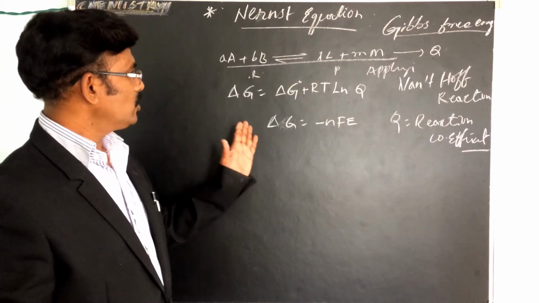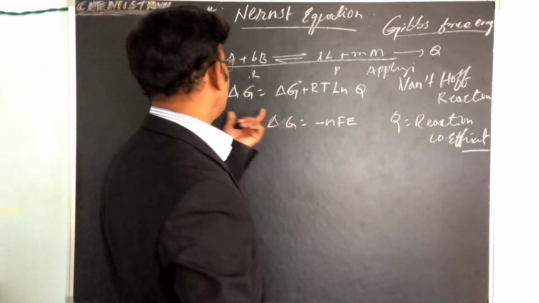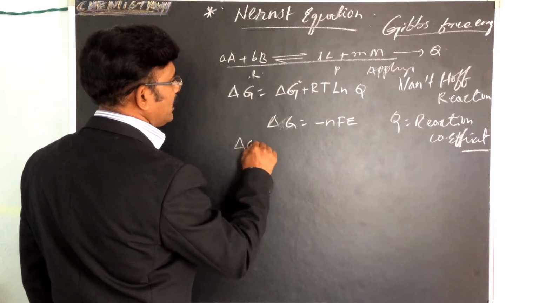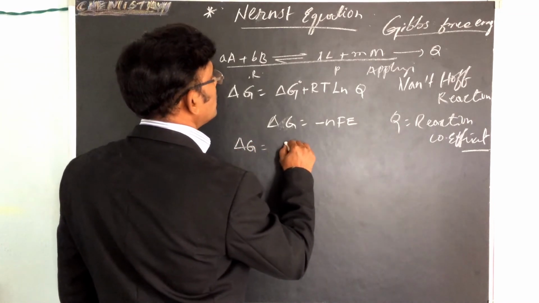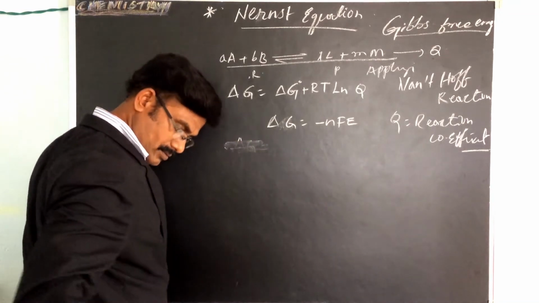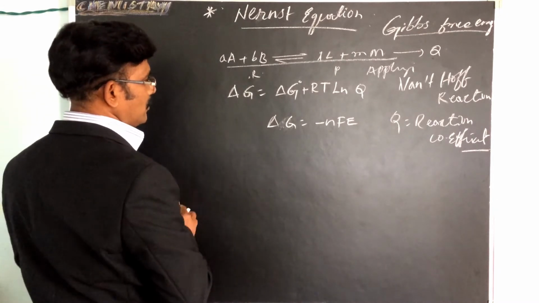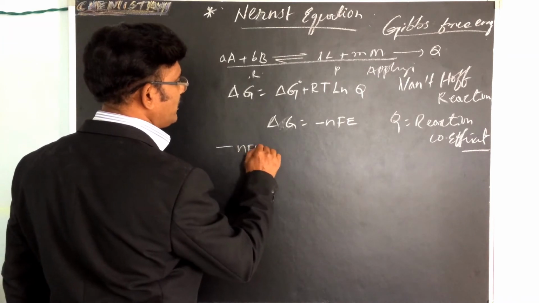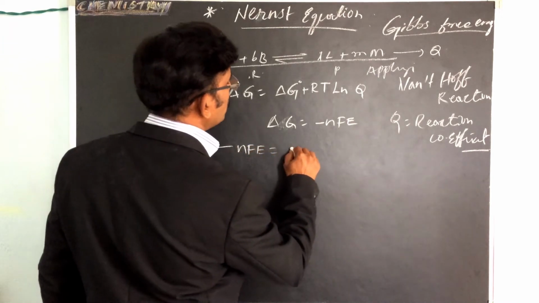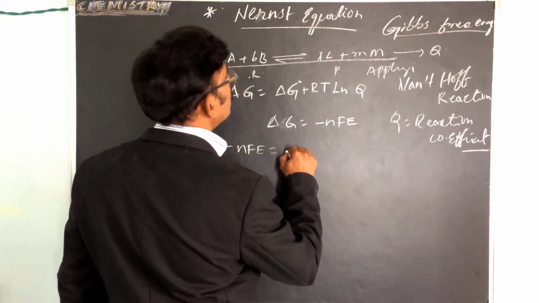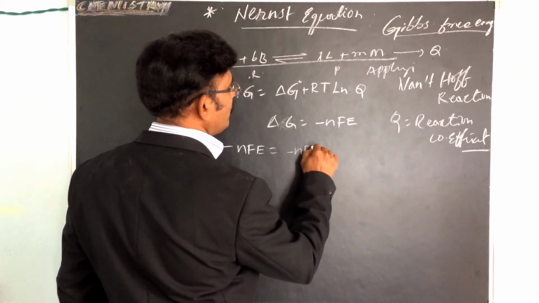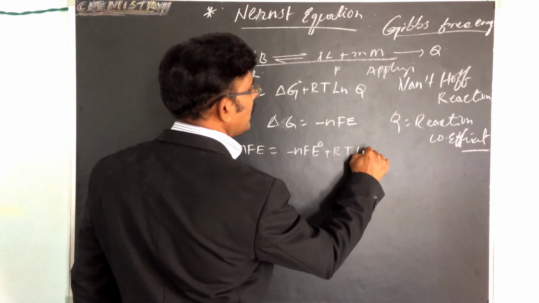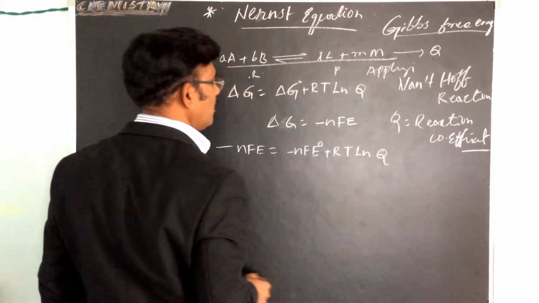So you substitute this in place of delta G: minus NFE equals minus NFE0 plus RT ln Q. Okay.